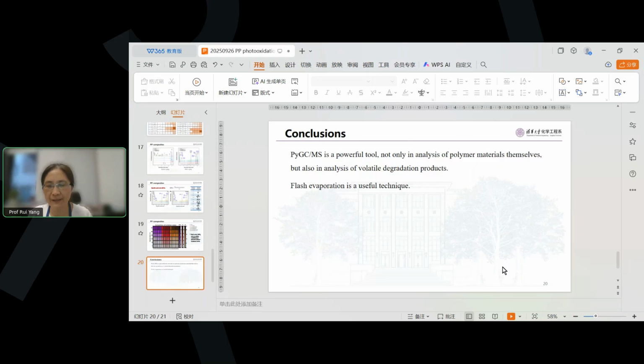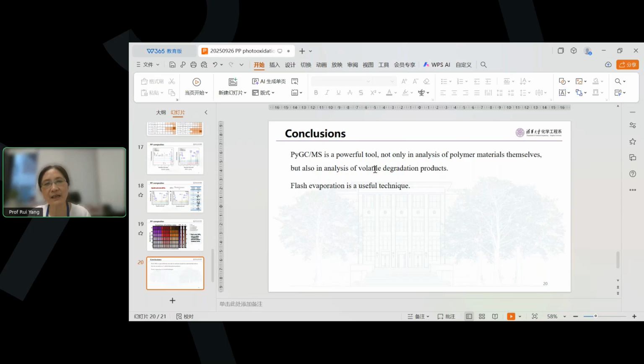So in the end, I would like to give some conclusions. PYGCMS is a powerful tool, not only in analysis of polymer materials themselves, but also in analysis of volatile degradation products.